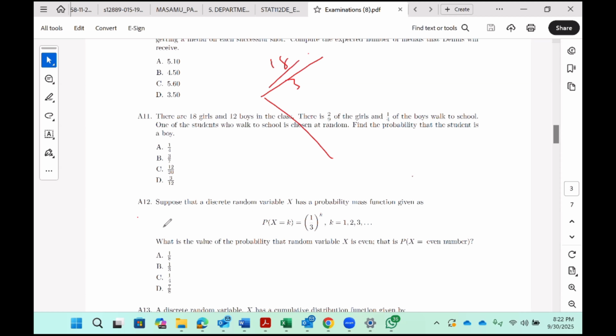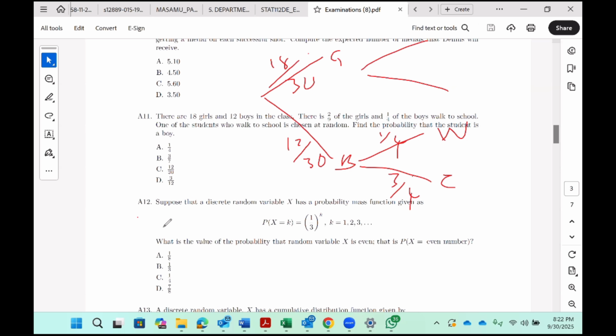And for boys, I have 12 over 30. And for boys, those who walk and those who take a car: this one is 1 over 4, and this one will be 3 over 4. And for girls too, we also have those who walk as 2 over 9, and those who take a car will be 7 over 9.